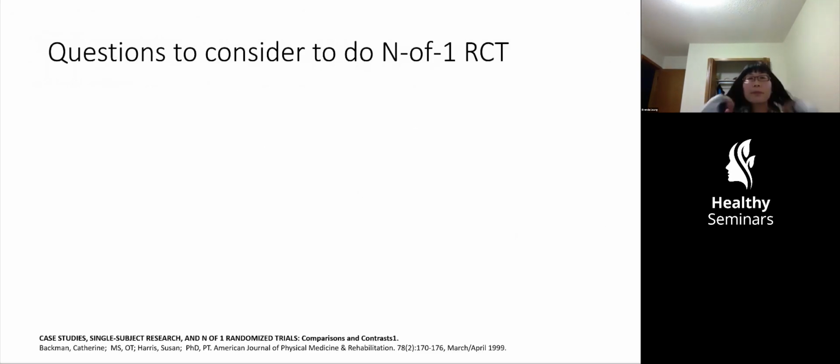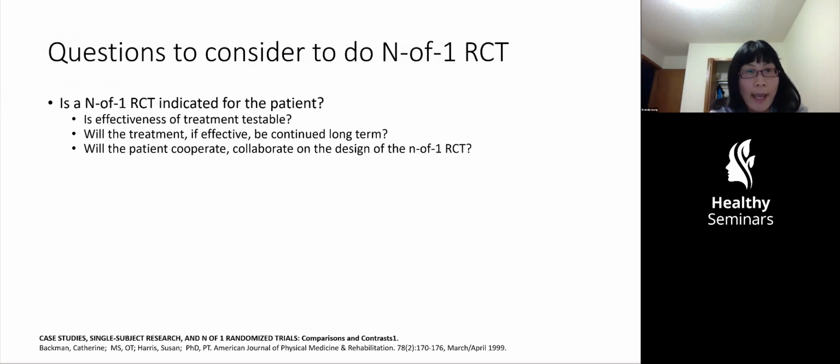So before we do an N-of-1 RCT, a trial, there are some key questions that you want to ask before going ahead with it. And these are, is the N-of-1 trial indicated for the patient? That is, is the effectiveness of the treatment even testable?